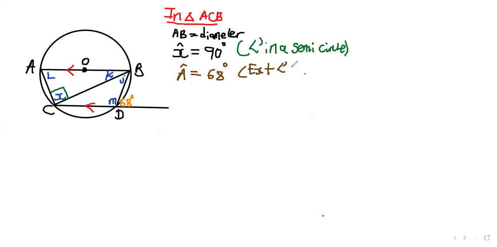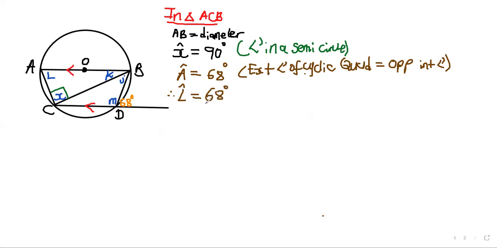Exterior angle of a cyclic quad is equal to the opposite interior angle, right? Then after there, we can see that our angle A is represented by L. So it's going to be L. We can just consider writing therefore angle A, L equals what? 68 degrees. So it means our angle L is 68 degrees.